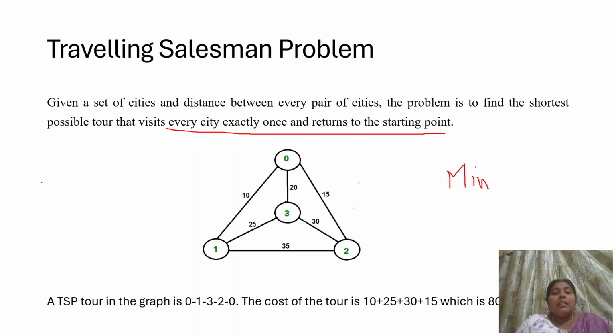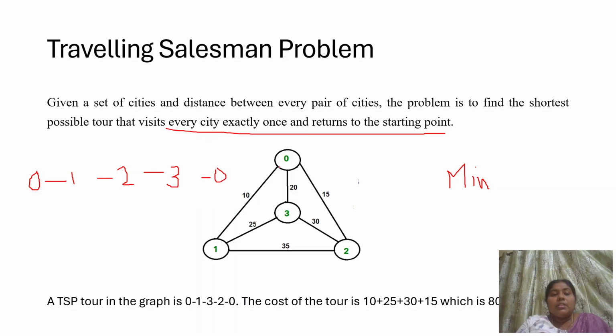Consider a tour here. I am starting from 0, next going to 1, next to 2, next to 3, and next back to 0. This is one of the tours.